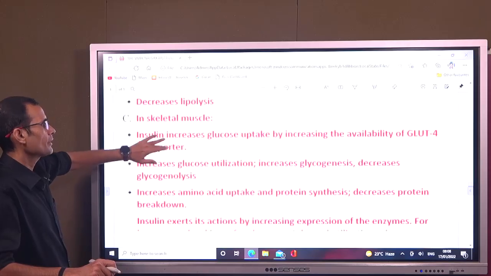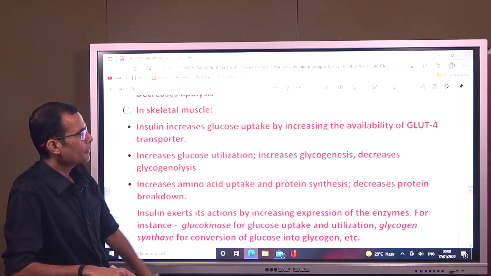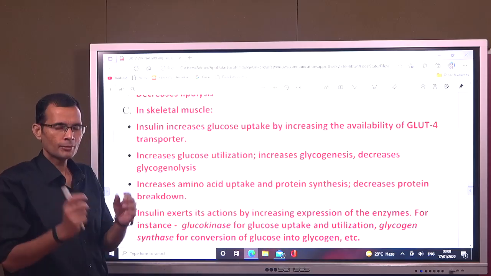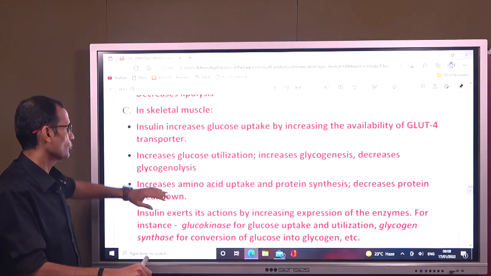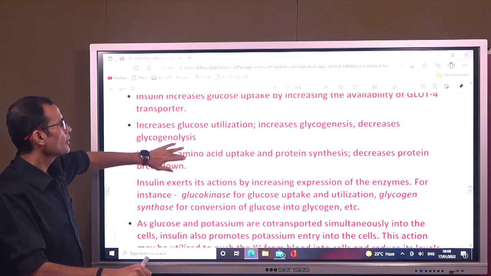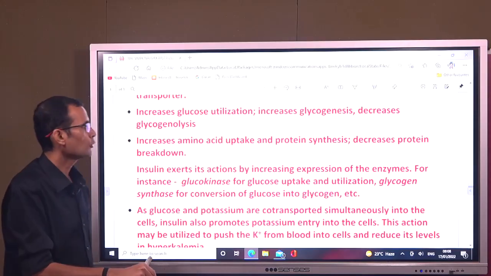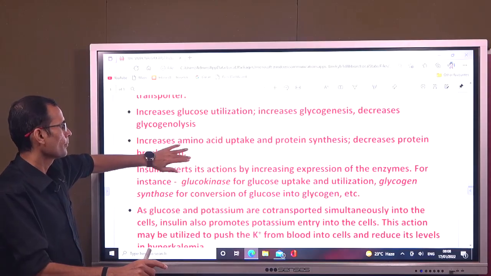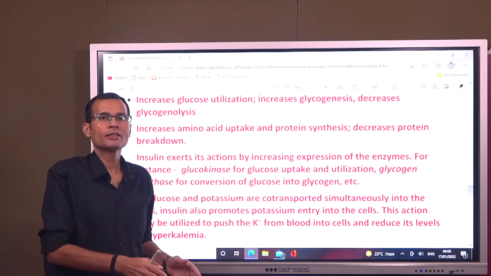In skeletal muscle, yes, again the same. Insulin increases the glucose uptake by increasing the availability of GLUT4, the transport protein for glucose. It increases glucose utilization and increases glycogenesis. Glycogen formation is promoted. It increases the amino acid uptake and protein synthesis.